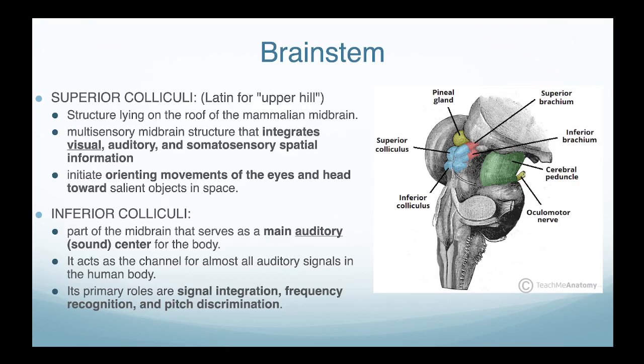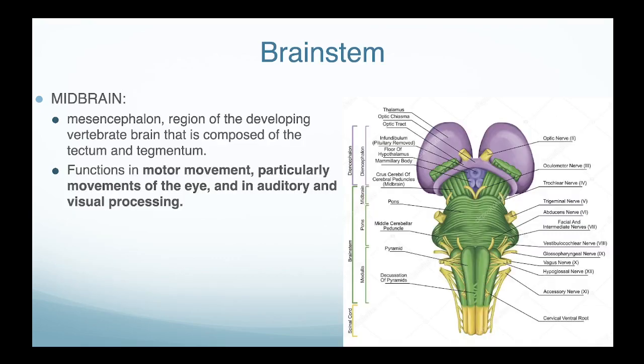The inferior colliculi, on the other hand, is going to be mostly processing auditory information, as well as frequency recognition and pitch discrimination. So that's your superior and inferior colliculi. And then you have your midbrain, which is mostly associated with motor movement of the eyes, as well as auditory and visual processing. So that's going to be midbrain.